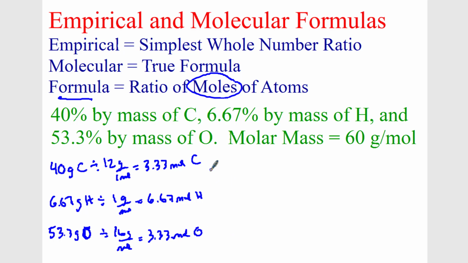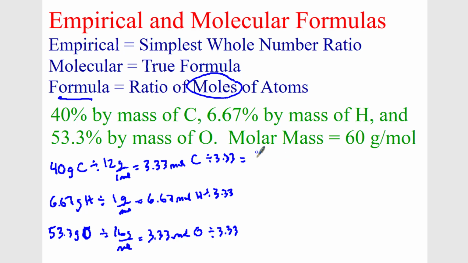Okay. Now remember, a formula is a ratio of moles. Now, can you see the ratio of carbon to hydrogen to oxygen? You can probably see it's a 1 to 2 to 1 ratio. If you don't see it, divide by the smallest one. So we divide every single one by the smallest one. That's a little trick to the trade.